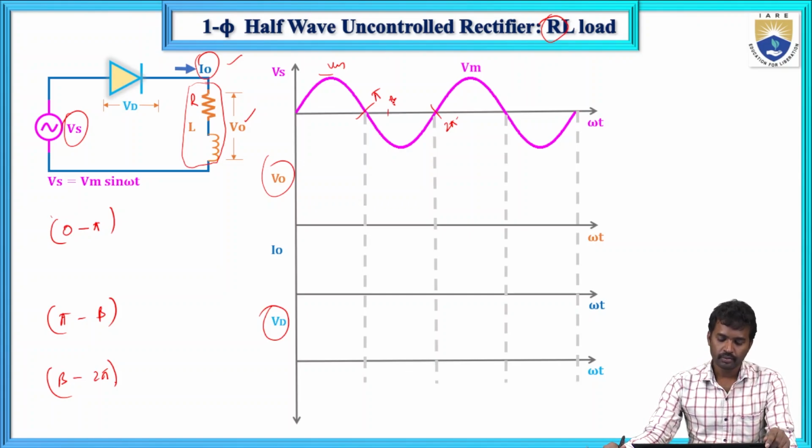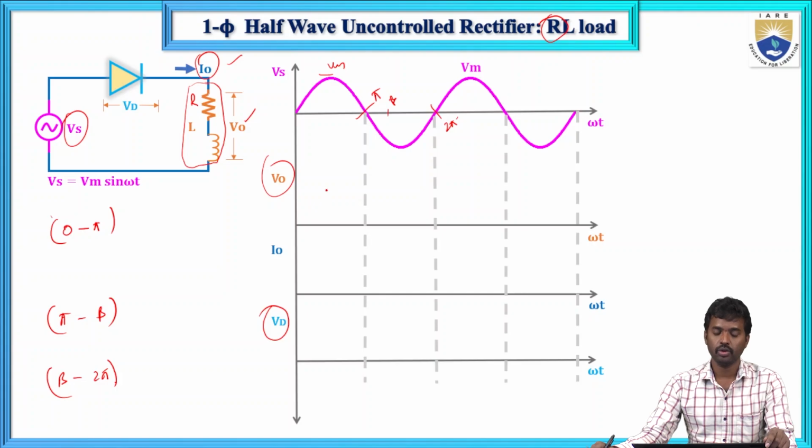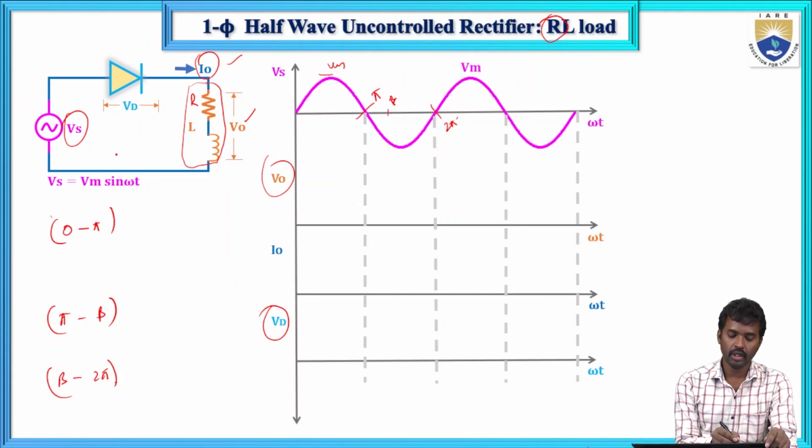First, what is the output voltage? From 0 to pi, the diode is in forward bias, since the anode voltage is greater than the cathode voltage.